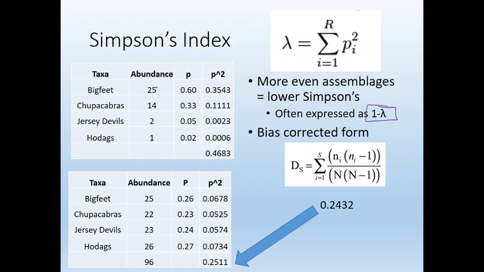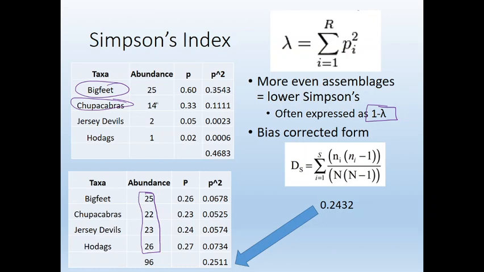What we see here is a really lopsided assemblage, dominated by Bigfeet and chupacabras, with very few Jersey Devils and Hodags, right? But if you have a more even assemblage, where they're all around 25 individuals, we get a Simpson's number of 0.25.